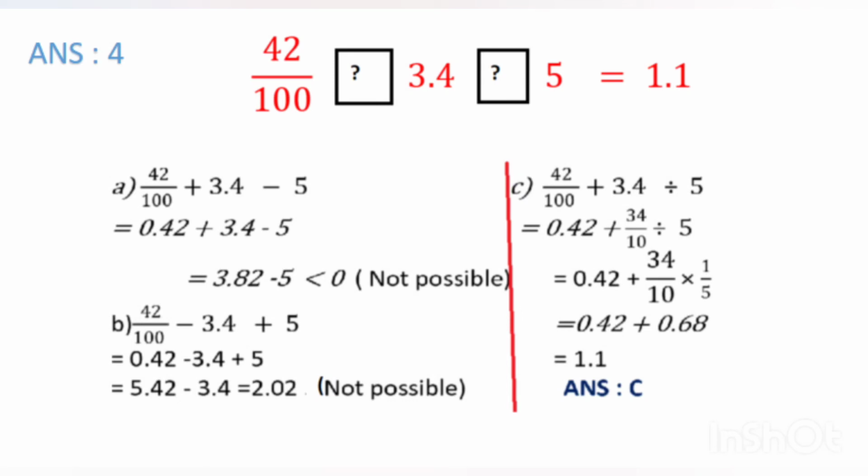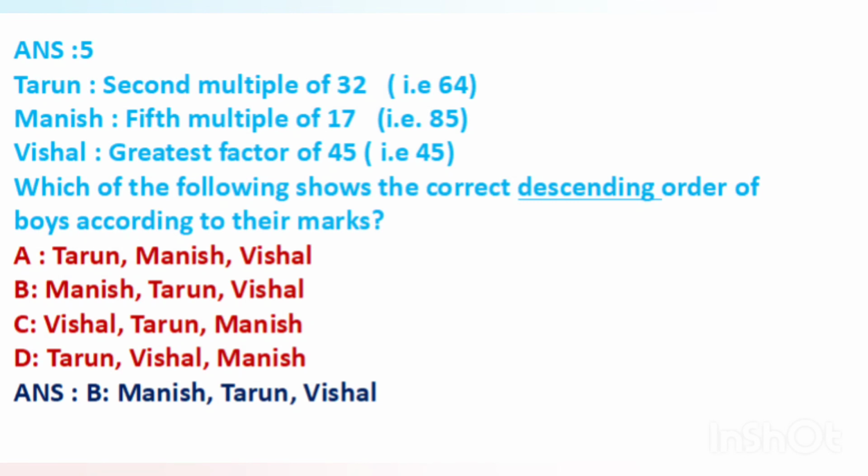C. Now in this question, in the examination, marks obtained by 3 boys are given. Okay, and the clues are given. Tarun gets second multiple of 32, that is 32 2s are 64. Manish, the clue given is fifth multiple of 17, that is 17 5s are 85.